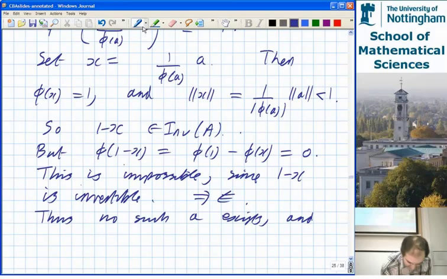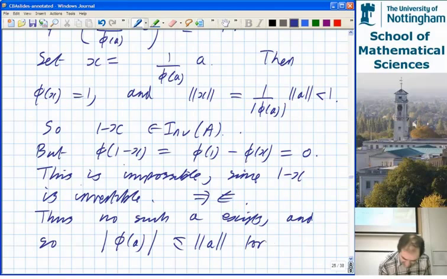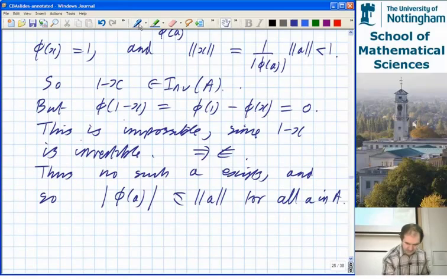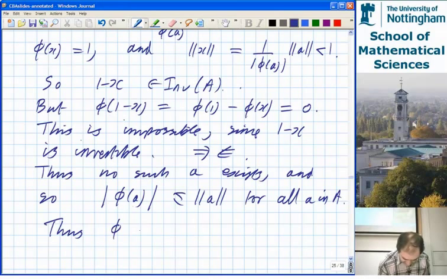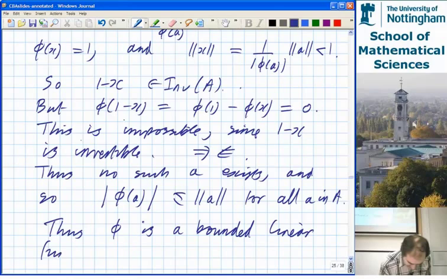And we've proven that modulus of phi of A is less than or equal to the norm of A for all A in A. And I'll just finish it off again. I mean, I've already said why this follows. So that shows that phi is a bounded linear functional, and the operator norm of phi is at most 1.